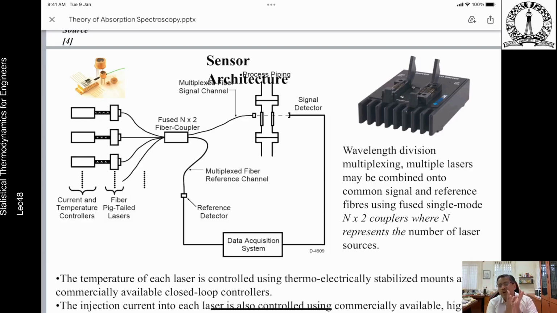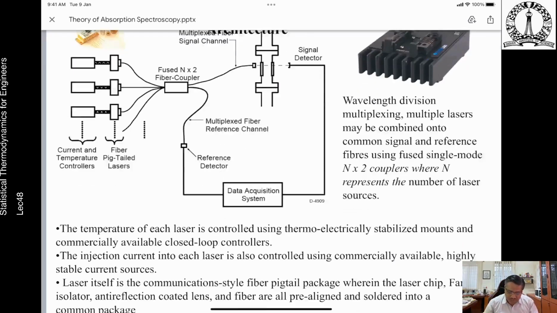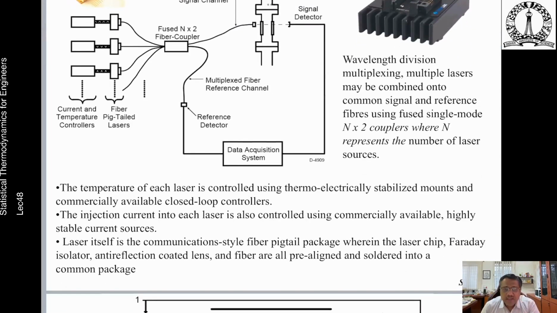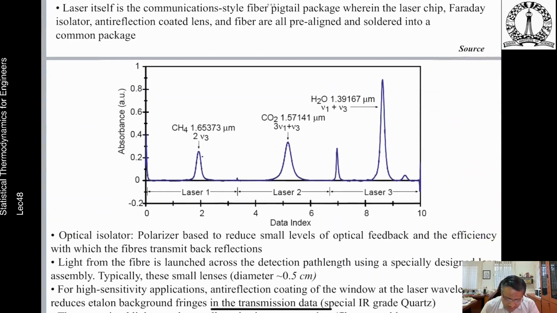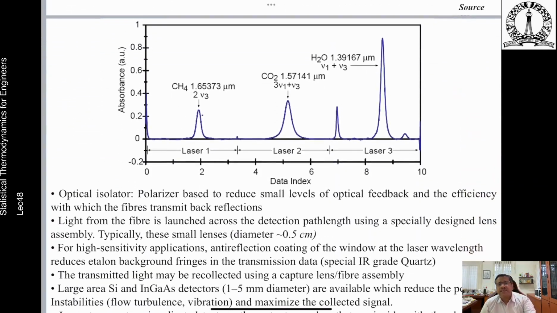You can measure multiple species at one particular go. The laser itself is like a communication-style fiber pigtail package, so this is not a problem. You get something like this from laser 1, laser 2, laser 3: CH4 is methane, CO2 and water.